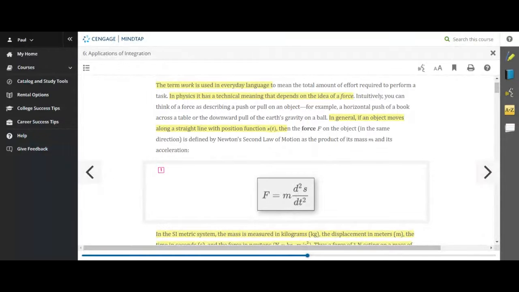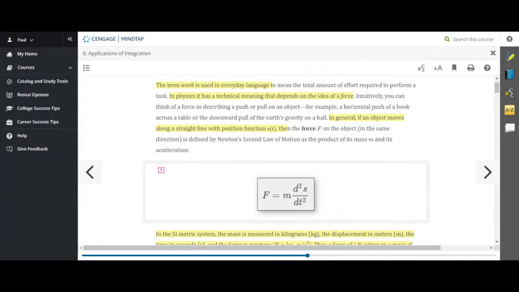Normally in calculus 1, how many remember that the position of a particle we would denote by the letter S, like S of t? The particle moves with respect to time, and S of t is the function that models the position of the particle. Is that something you recall from calculus 1?